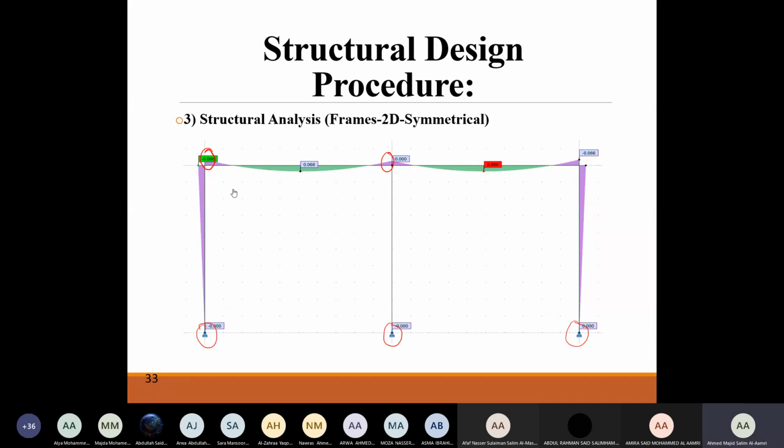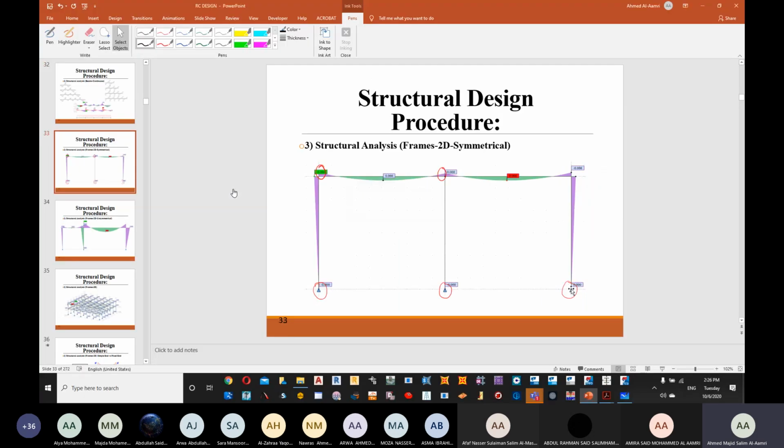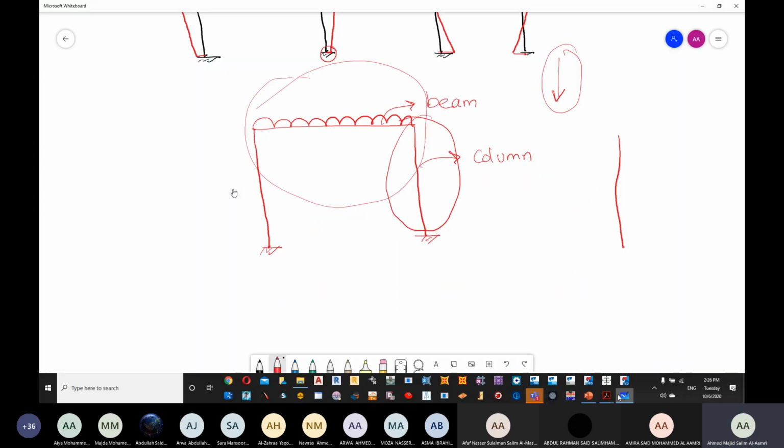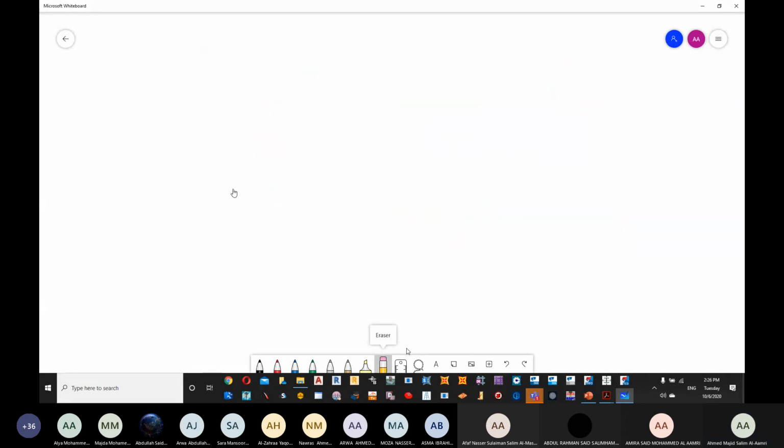Now, since these are 2 frames, and we want to draw the bending moment for them. This is my first frame. Let's say it's a ruler.